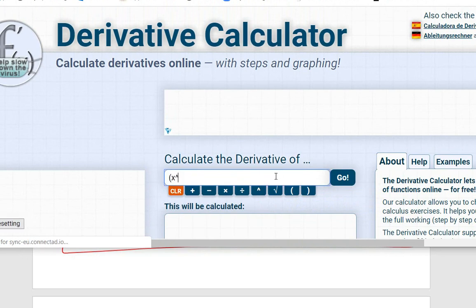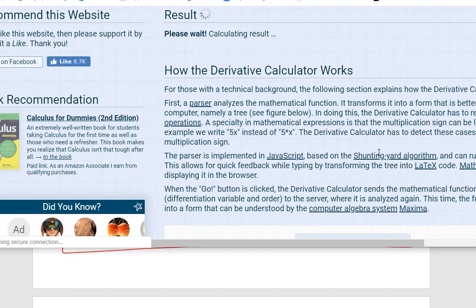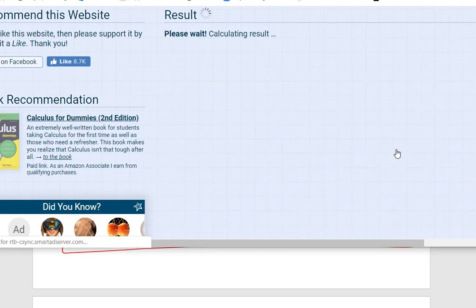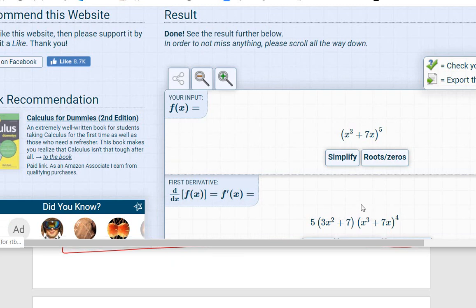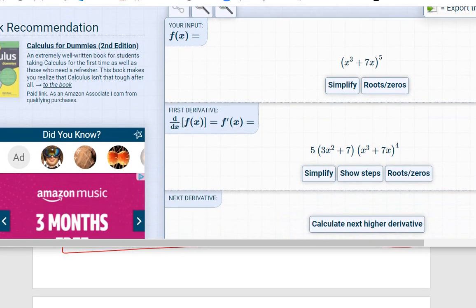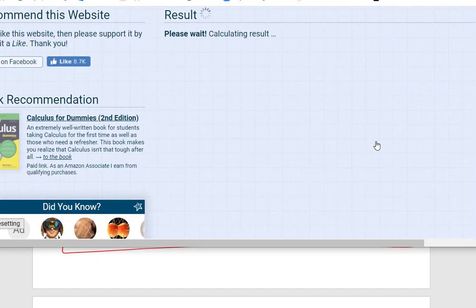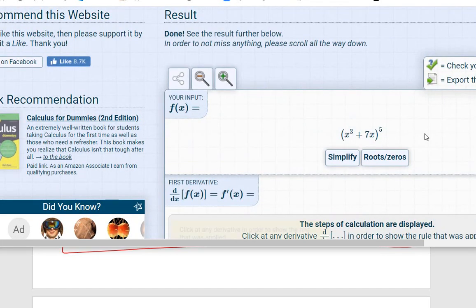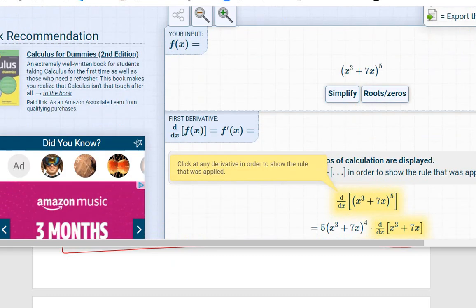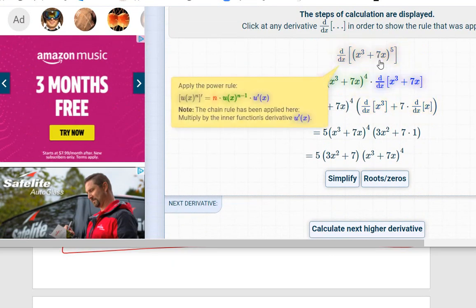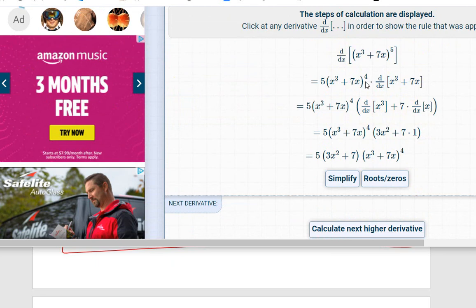So if we did x to the third plus 7x all to the fifth, it will give you the derivative, but you can also hit show steps. It will show you, hey, to get from here to here, we are using the power rule. Another word for the power rule is the chain rule. You can click on it and it'll do all that good stuff for you.